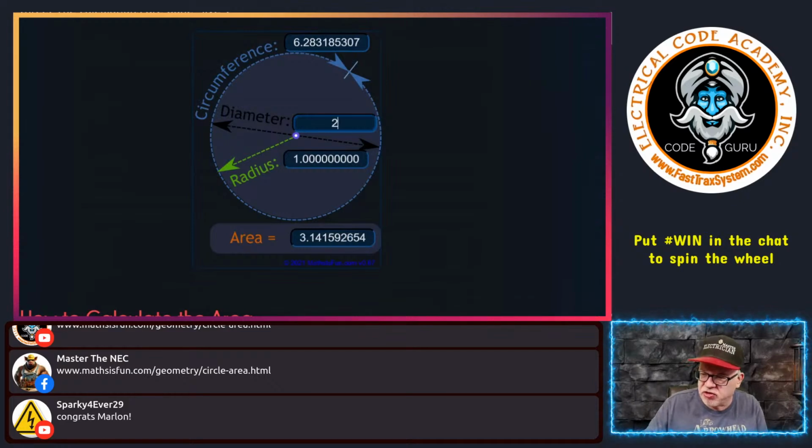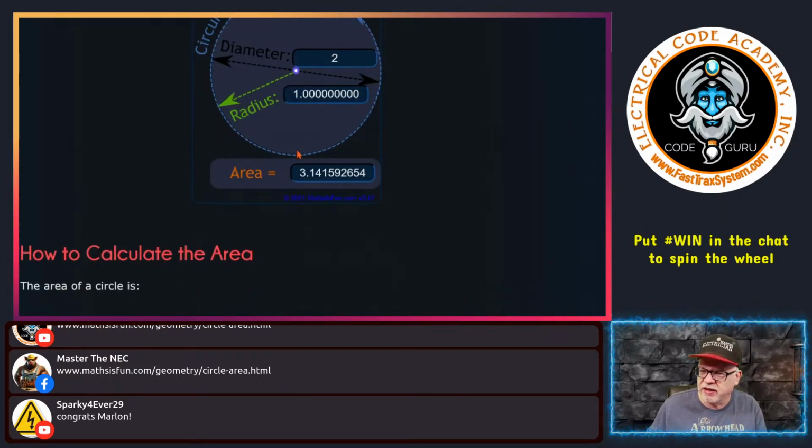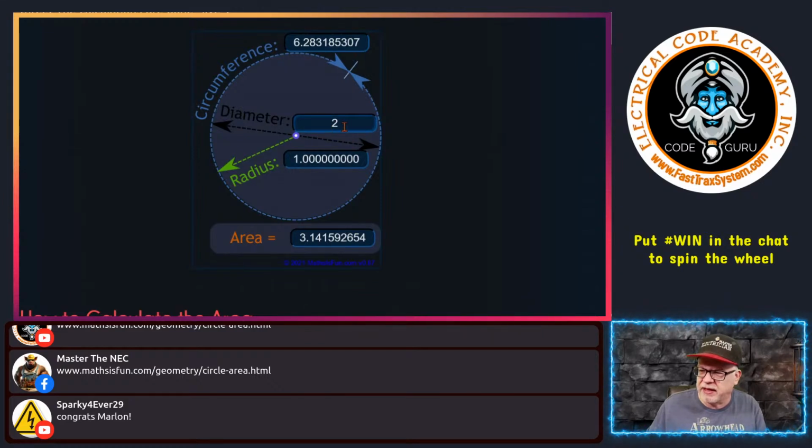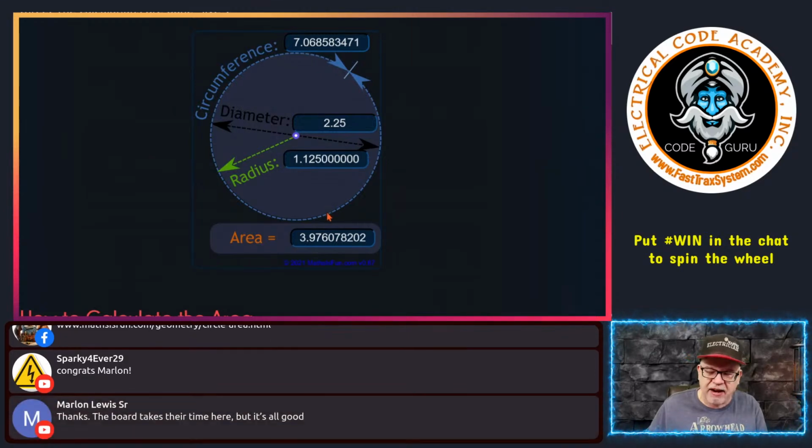Then I could put 2 in here, and again, diameter being 2, not the radius. I'm putting the diameter in there. So if it was, let's see here, 2.25, then I've got an area of 3.97. That type of thing. And if you put in the diameter, it gives you circumference, or you can put in the area. It does everything here when it comes to a circle, and that's what we're doing with a cable assembly.